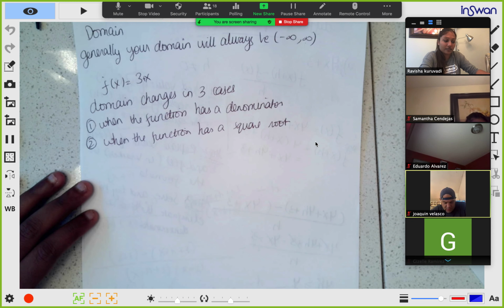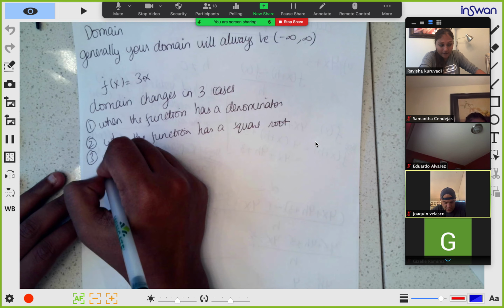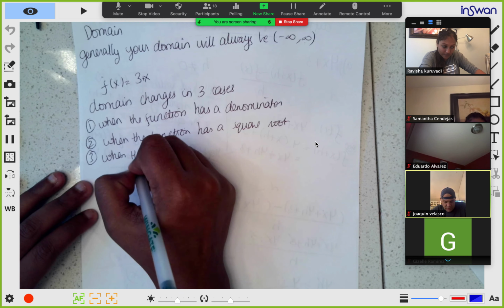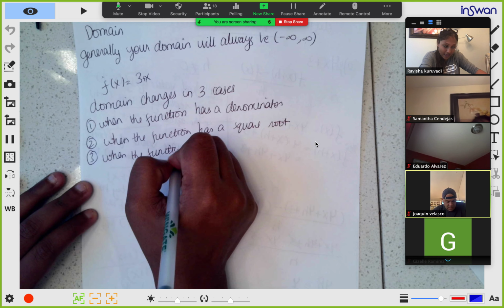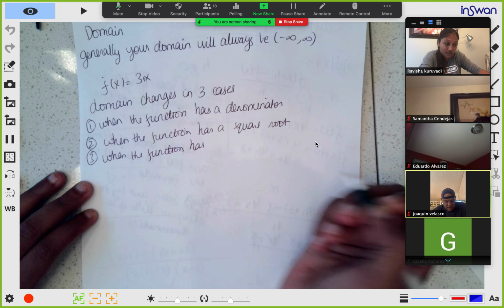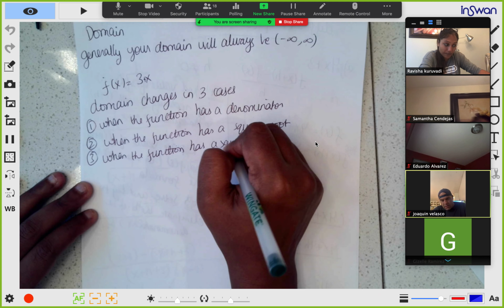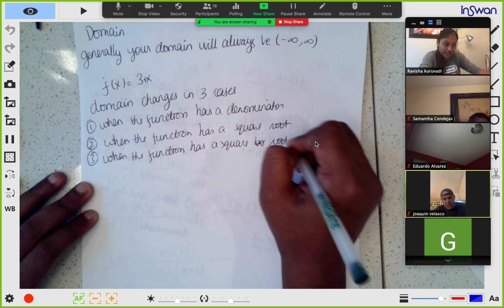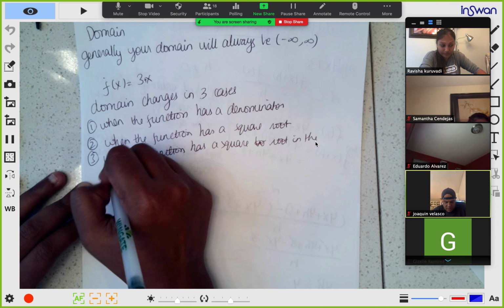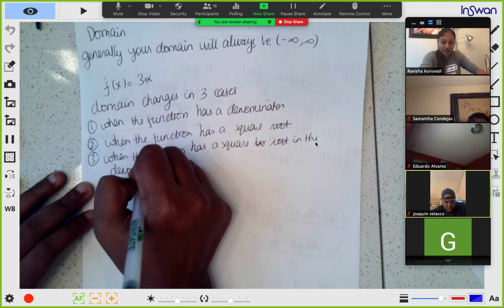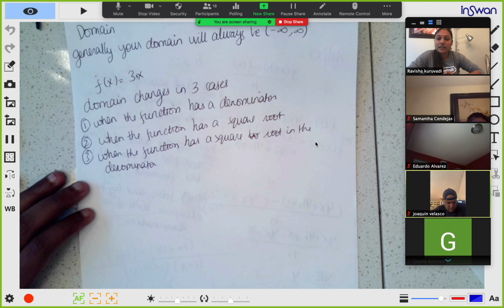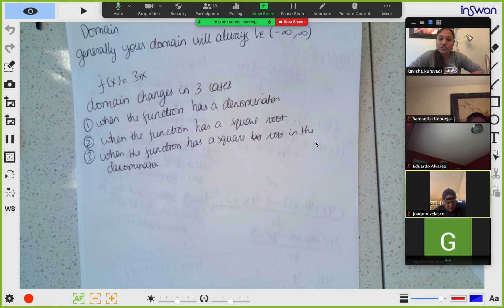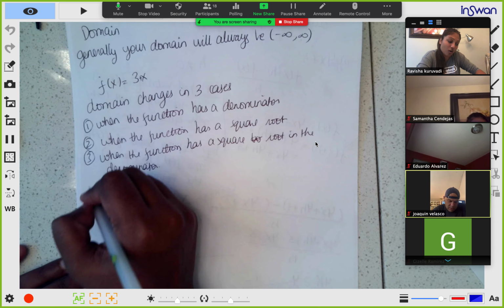Third, when the function has a square root in the denominator, then also my domain will change. And the last one is a combination of the above.